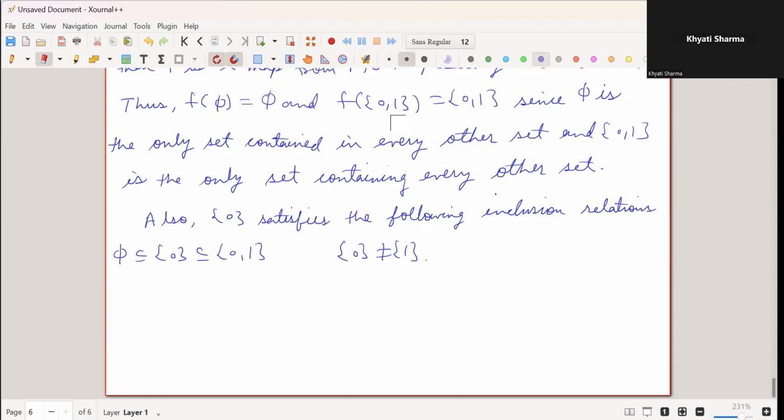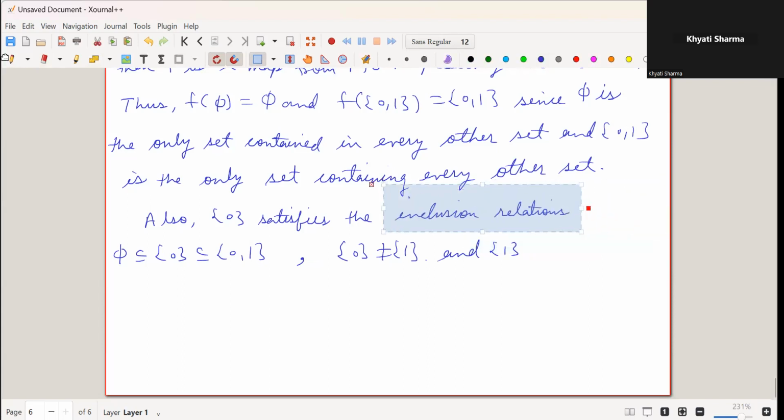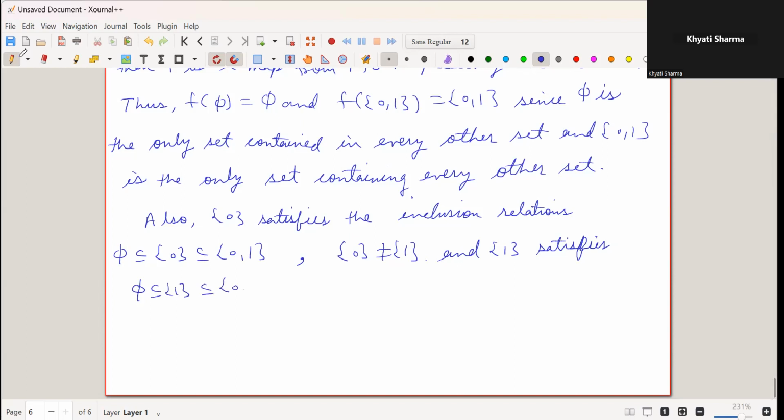So it satisfies this inclusion relation, right? And {1} satisfies phi contained in {1}, contained in {0, 1}.